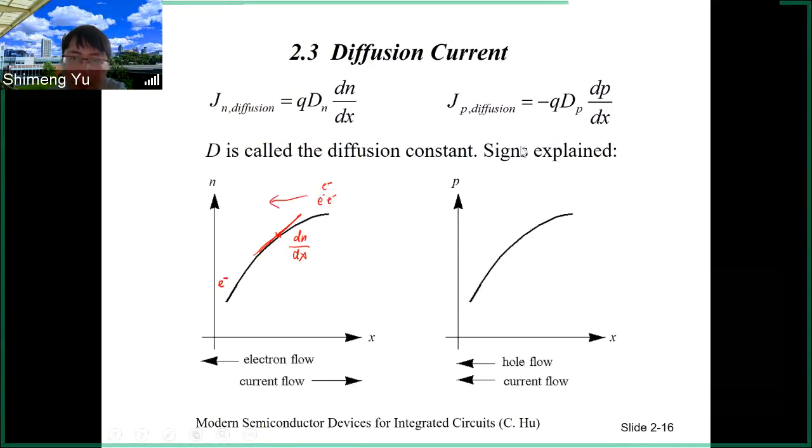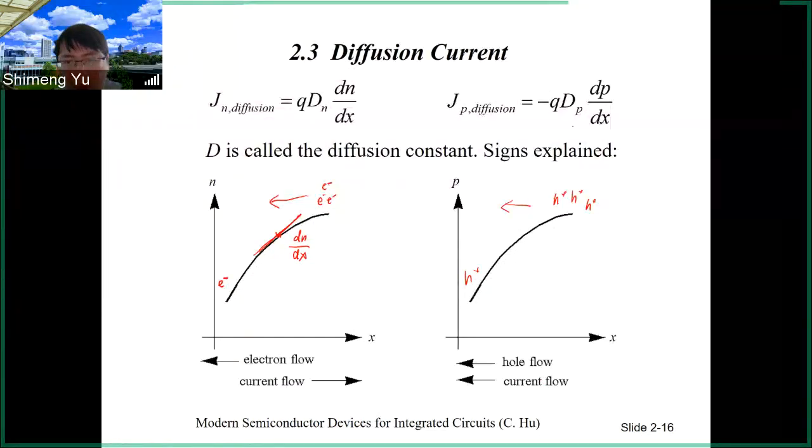And then similarly, we can look at the hole diffusion. Again, we have similar profile. Then the hole, you have more holes here, less holes here. Then hole tend to move to the left, and the current will be the same direction to the left.